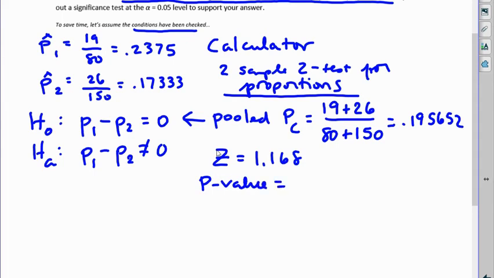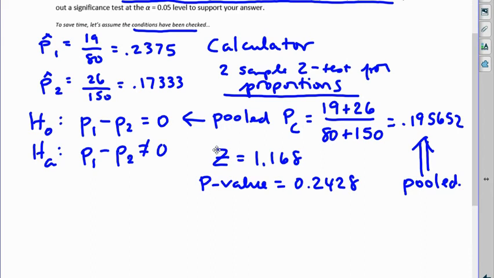That number was, let's see, 0.2428. It gave us the pooled statistic because it did pool it for the test, and so there was not statistical evidence to conclude that these schools were different from each other.